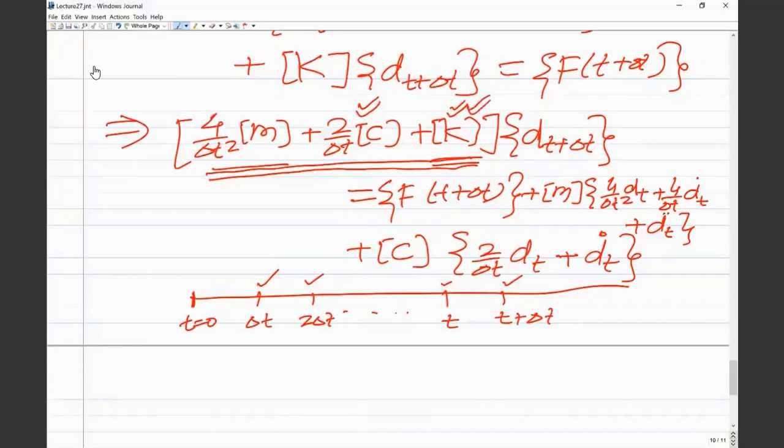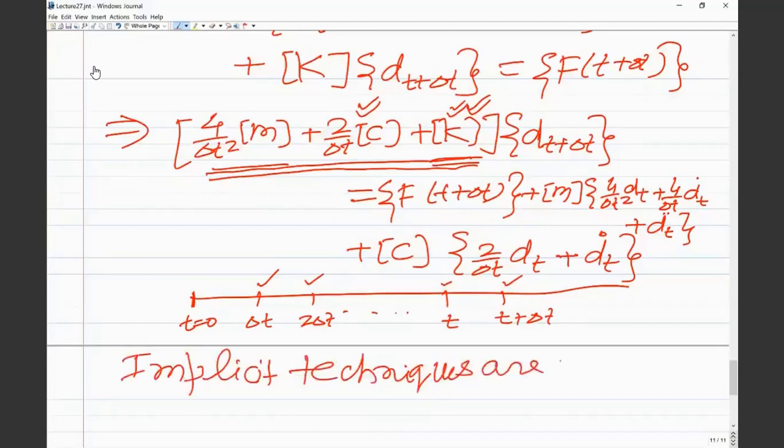But the advantage of this is that delta t can be chosen based on accuracy. So the implicit techniques are unconditionally stable. That means you can choose any delta t, and it will give you a stable solution, although that may not be accurate.